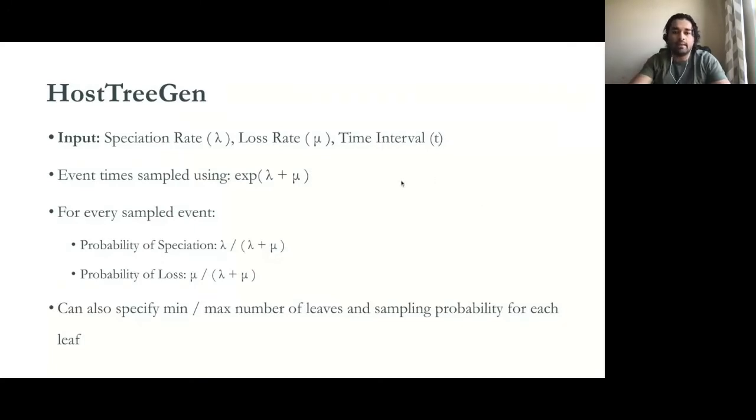And for every sampled event, it could either be a speciation or a loss, which would depend on the ratio between the speciation and loss parameters that you give it. You can also specify other things like the minimum or maximum number of leaves that you want to generate, and the software would essentially generate different trees until you fit the constraints.